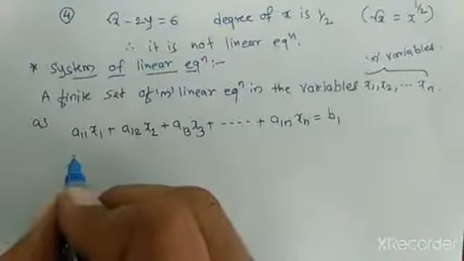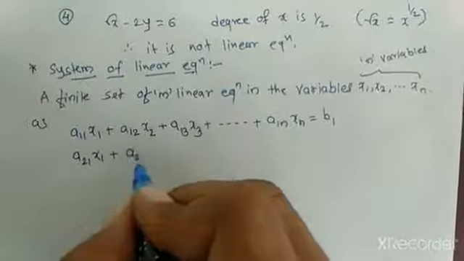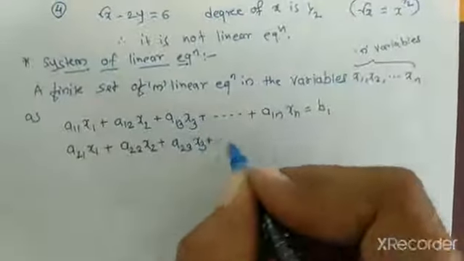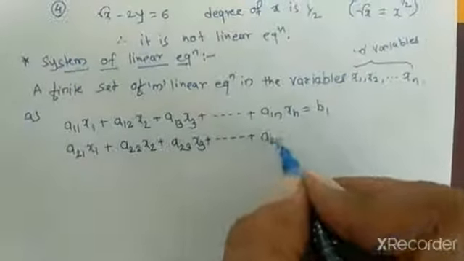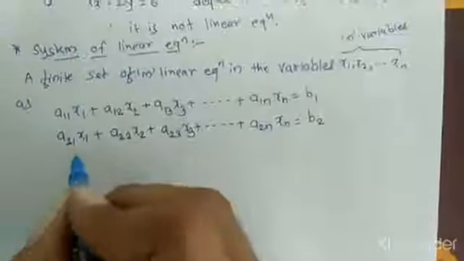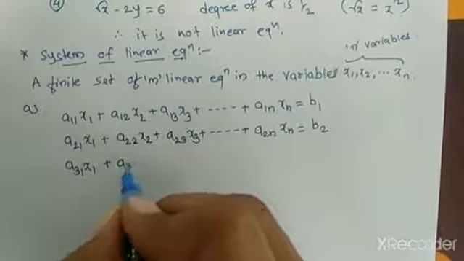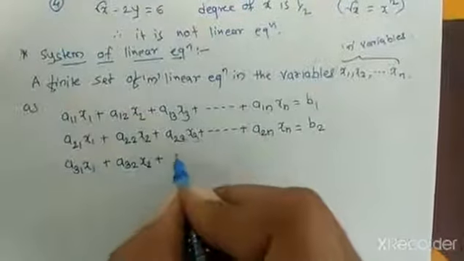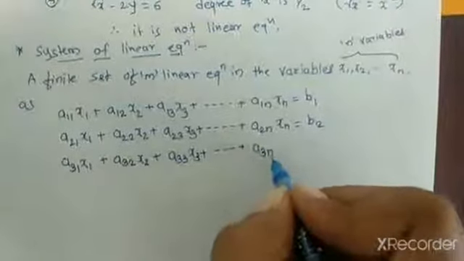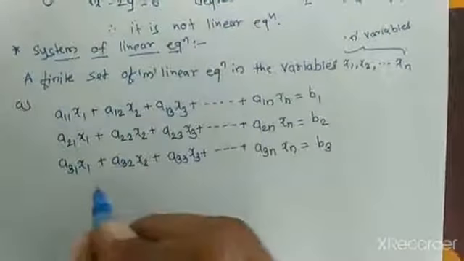Okay, next second equation is a21 x1 plus a22 x2 plus a23 x3 plus so on up to a2n xn is equal to b2. Next, consider third equation, a31 x1 plus a32 x2 plus a33 x3 plus so on up to a3n xn is equal to b3, and so on, continuing in this way.